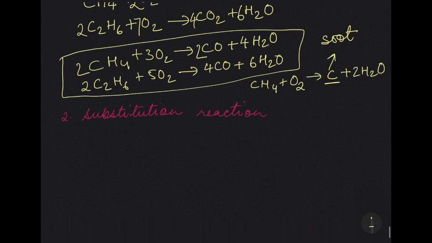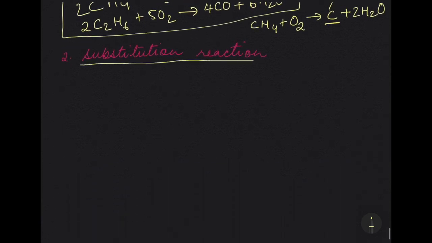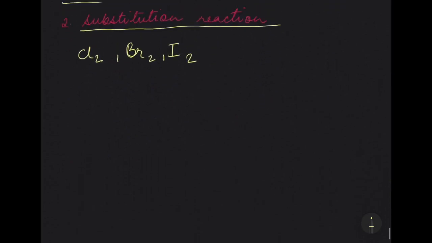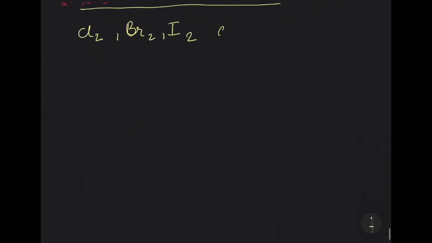Okay, now next, moving on to substitution reaction, that is, there is a substitution. Okay, exchange. So alkanes react with chlorine, bromine, iodine in the presence of sunlight or ultraviolet light to give halogen substituted products, which are known as alkyl halides.